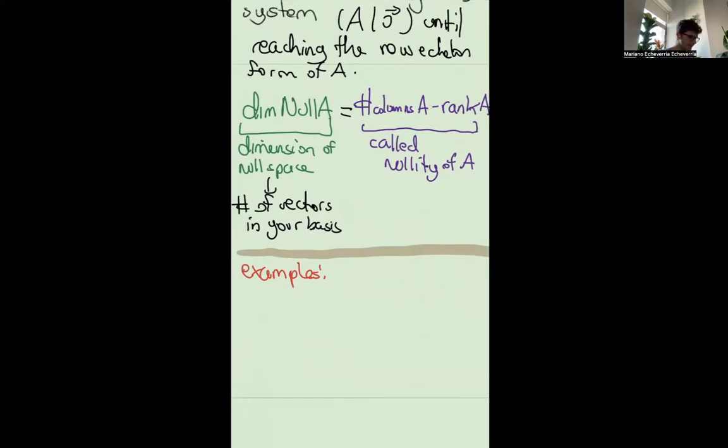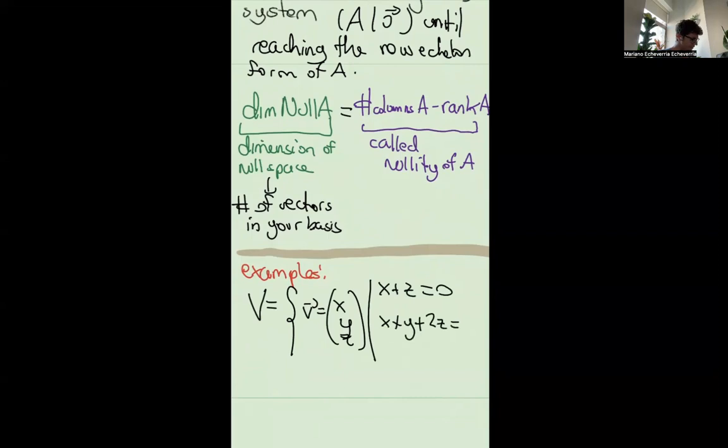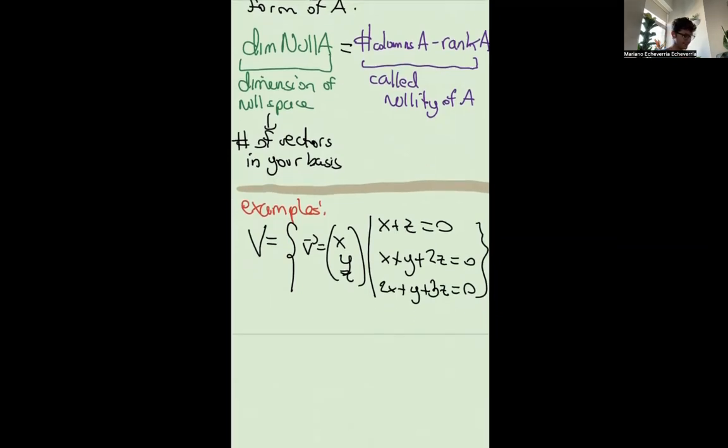Let's say I give you B, which is the set of vectors X, Y, Z that solve X plus Z equals 0, X plus Y plus 2Z equals 0, and 2X plus Y plus 3Z equals 0. I want a basis for this. So the problem is to find a basis for B.